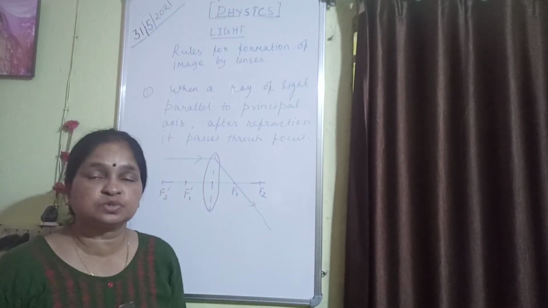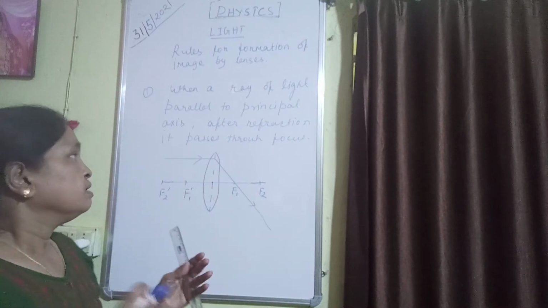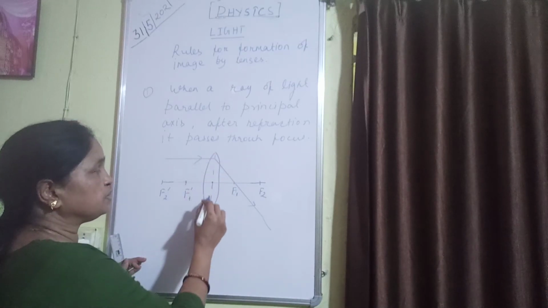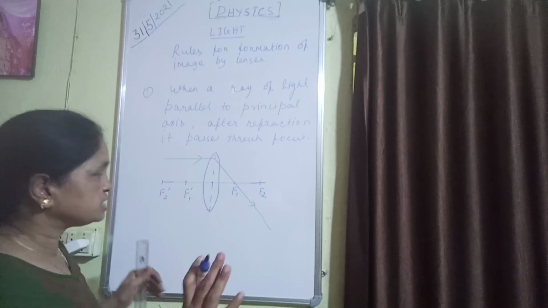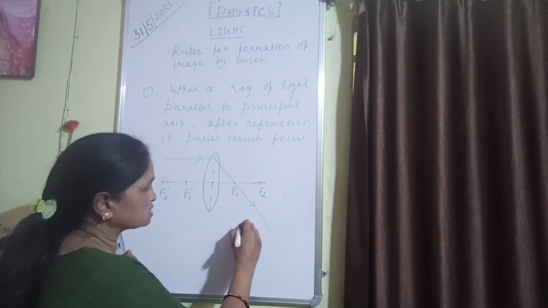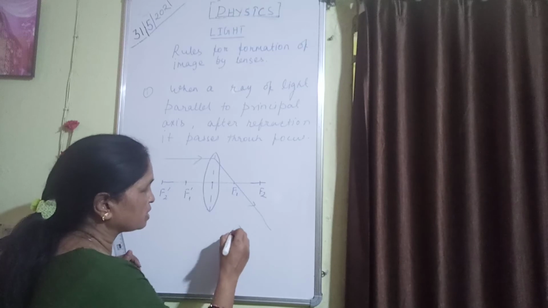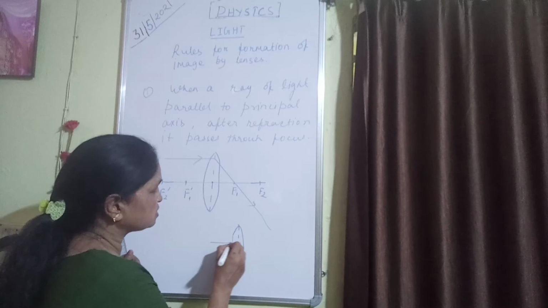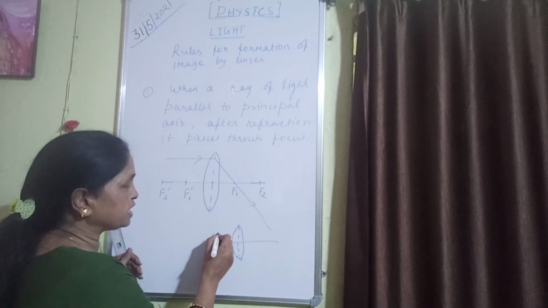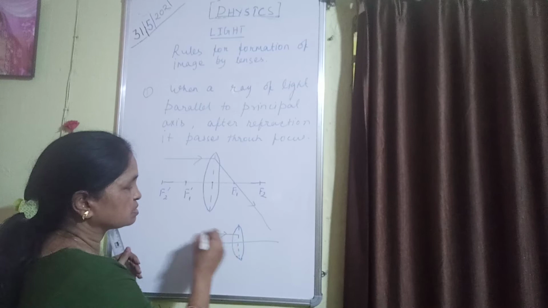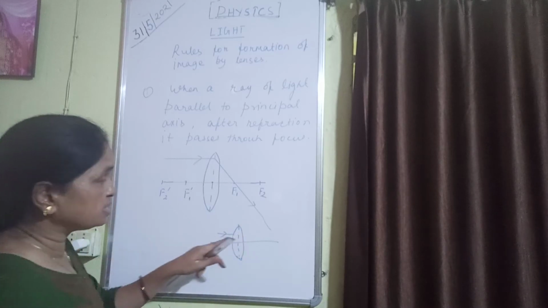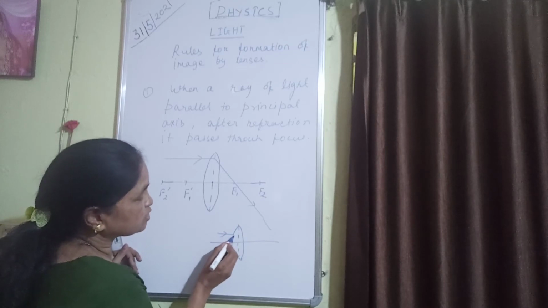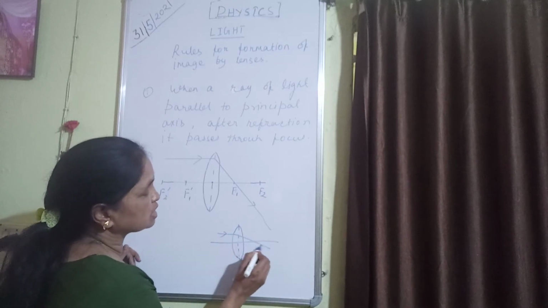One more thing students basically do wrong: this refraction should be from this aperture line, the midline, not from anywhere else. Let me show you. If you draw the lens and the aperture and principal axis, after refraction it will not refract from the boundary of the lens. Don't refract it from this point, you will get 0 marks.